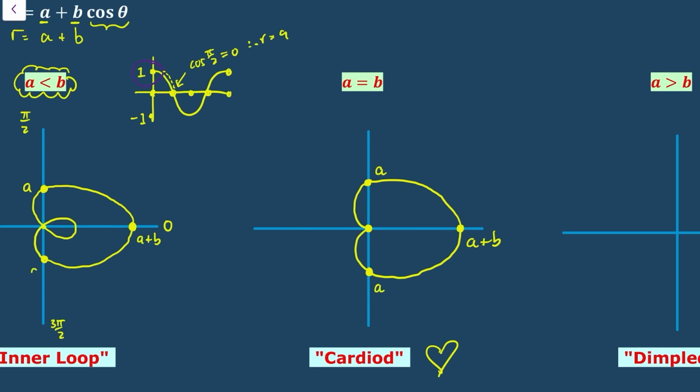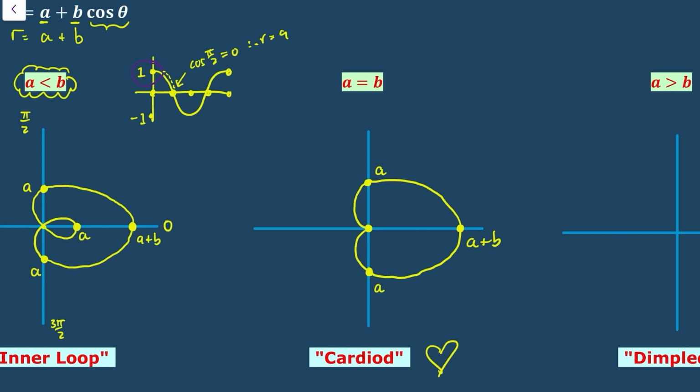I should add that on this diagram. And just quickly going back to this diagram here, that value there is a as well. You can work that out by looking at the graph where this becomes 0 again, and that's why I'll end up having r equals a.